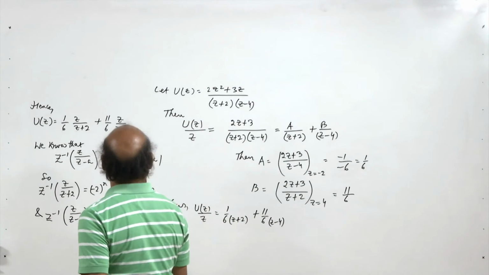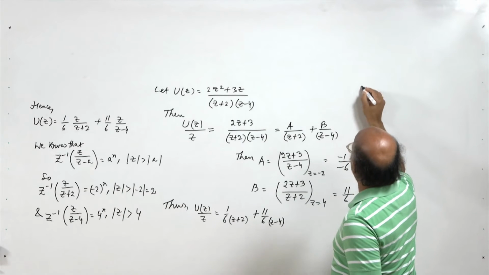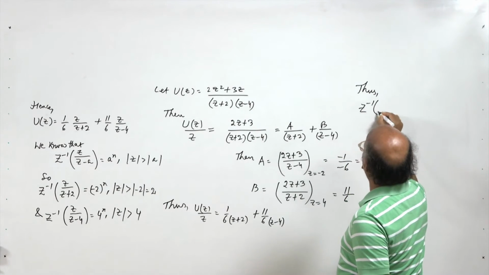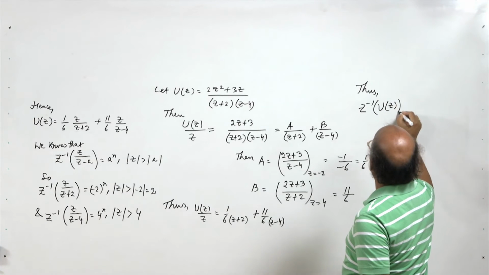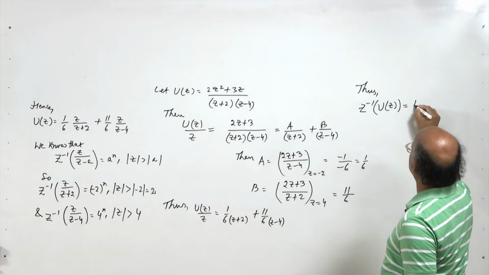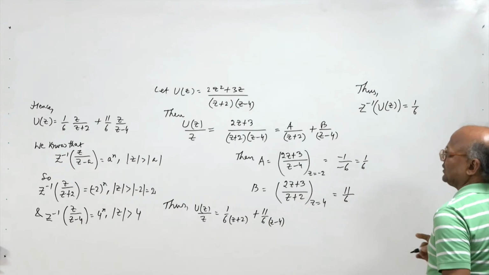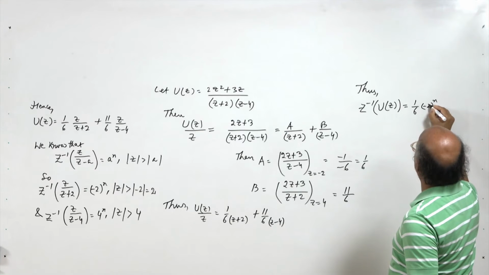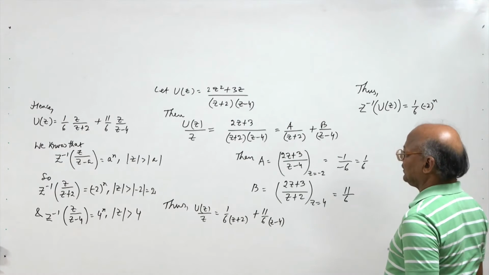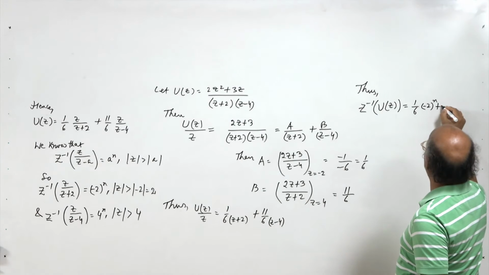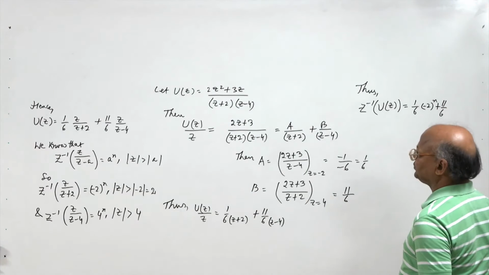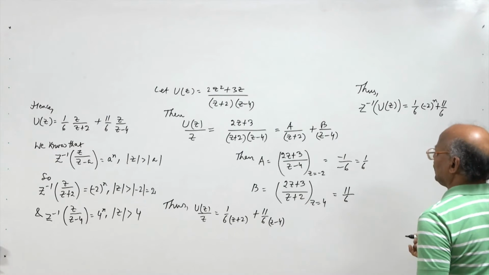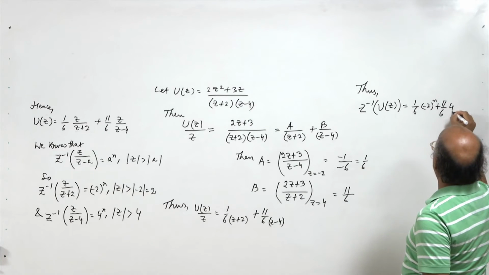And hence, Z inverse of U(z) will be equal to 1 by 6 Z inverse of z over z plus 2, which is minus 2 to the power n, and plus 11 by 6 Z inverse of z over z minus 4, which is 4 to the power n.